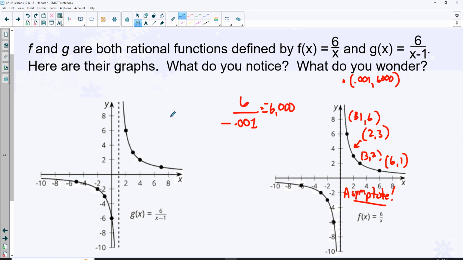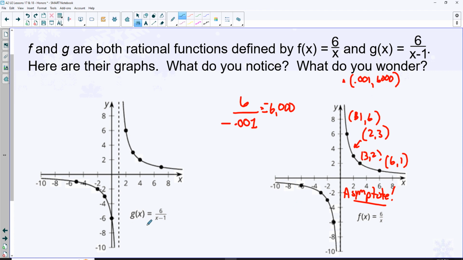How about this one? Now, you're going to notice the function is basically similar, almost the same, right? But the dotted line is shifted over to 1. And with this function, the graph actually does cross the y-axis. Why is that? It's because I'm able to plug 0 into this function.